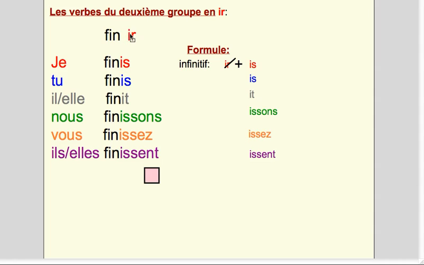So finir, I would remove IR. So I would have my stem, the same for all 6 subjects. And then I have je finis, tu finis, elle finit, nous finissons, vous finissez, ils ou elles finissent. And again, pronunciation, you write it with ent, but you pronounce it like this. Ils ou elles finissent. Okay?